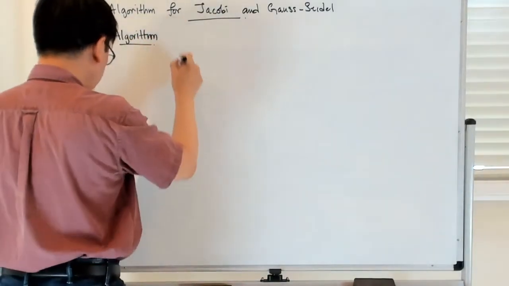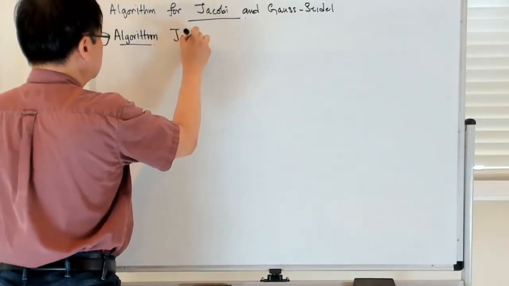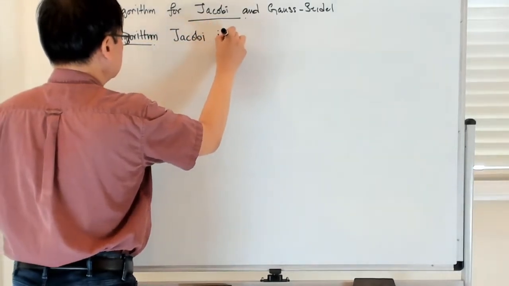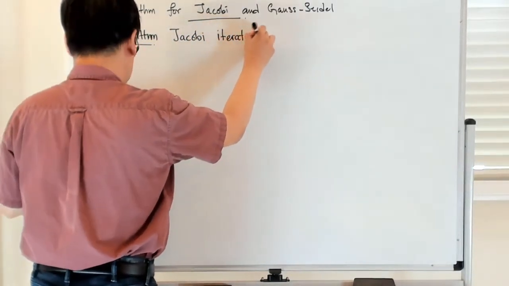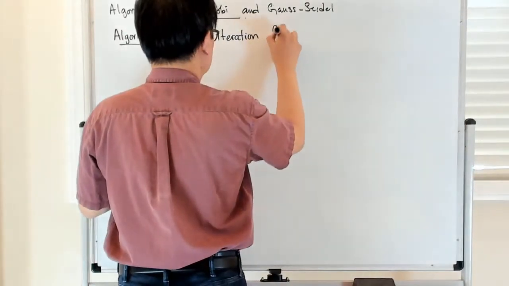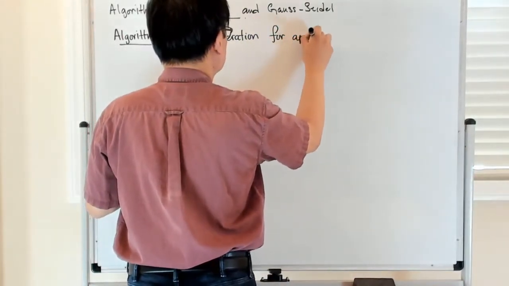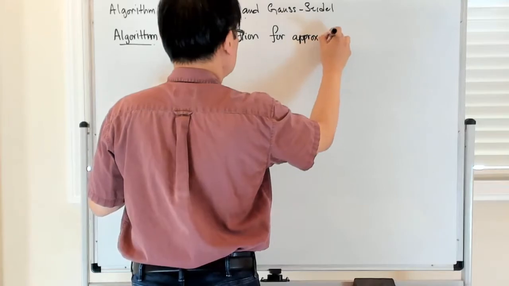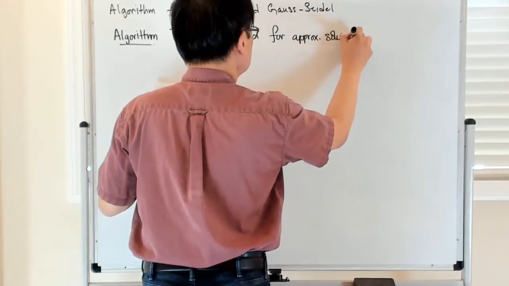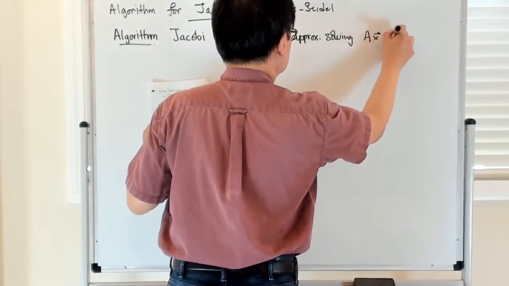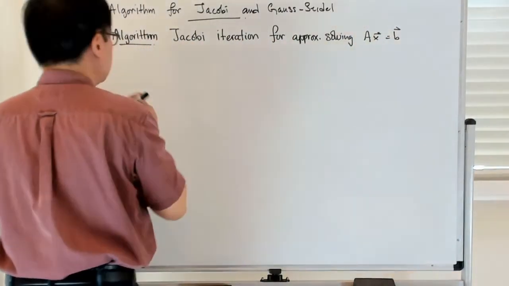So the algorithm for Jacobi iteration for approximately solving Ax = b is as follows.